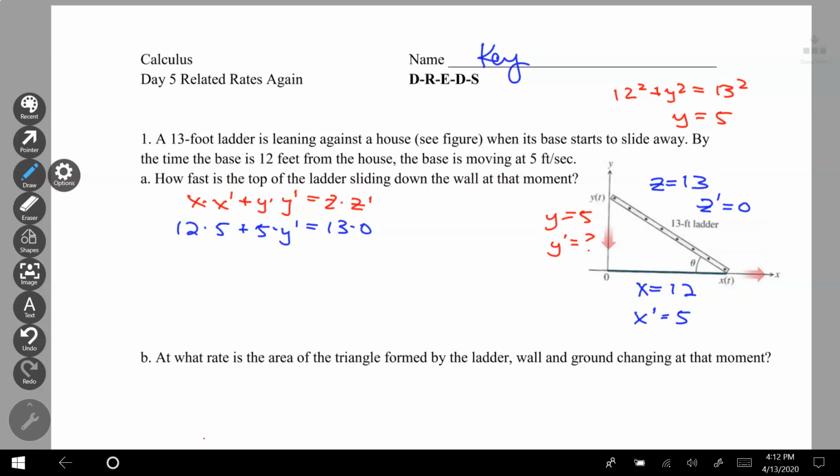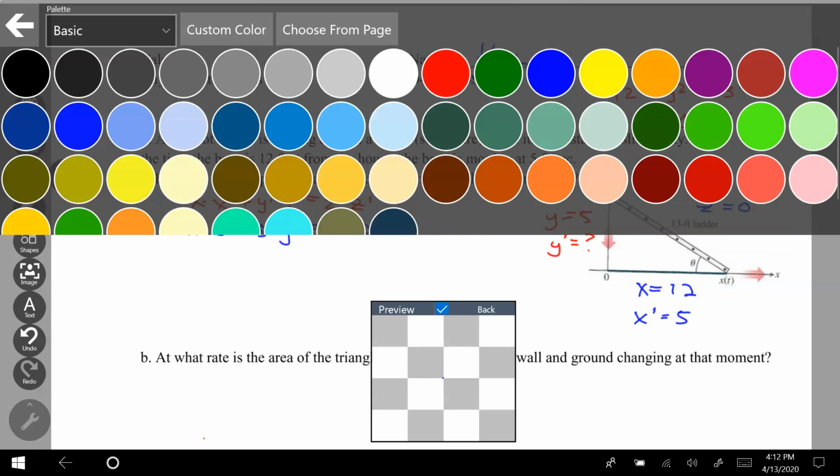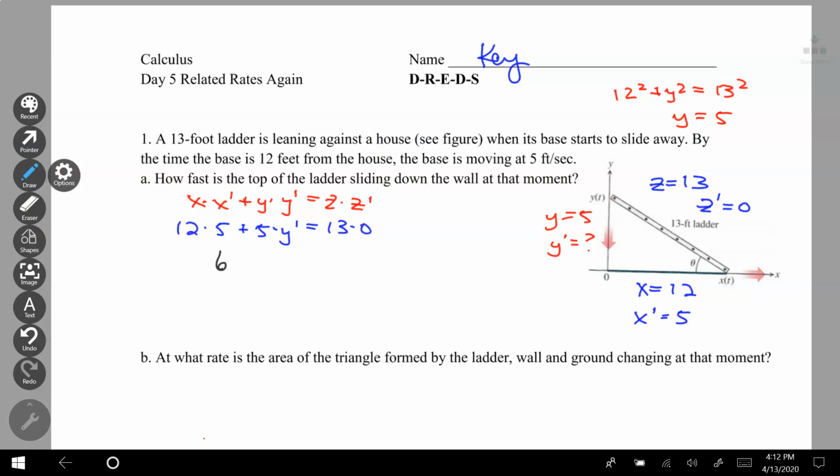And obviously I get 60 plus 5y prime is equal to 0. 5y prime is equal to negative 60. And my dy over dt is equal to y prime is equal to negative 12 feet per second.